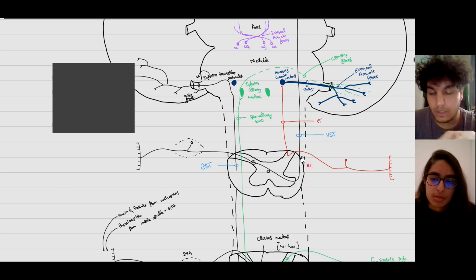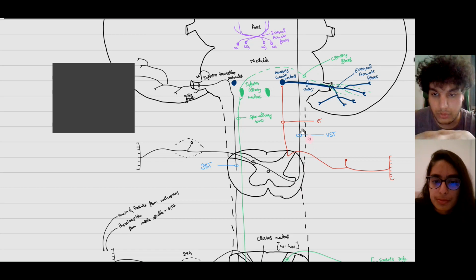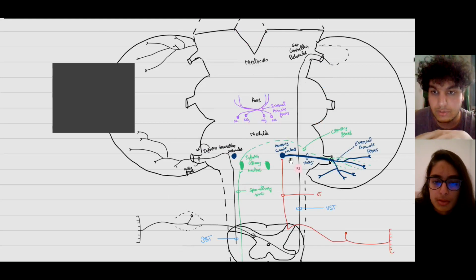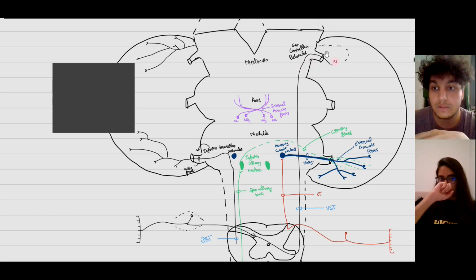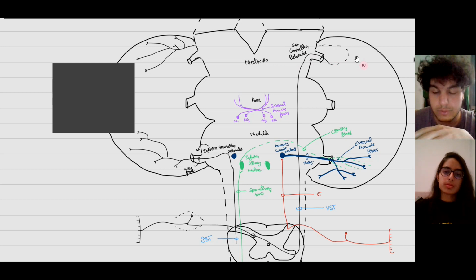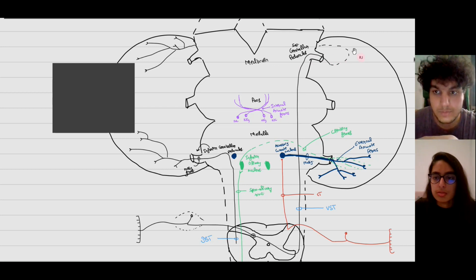So as it goes upwards, after crossing contralaterally, it goes all the way up and enters your cerebellum via the superior cerebellar peduncles. Now, it does an interesting thing after it passes through the superior cerebellar peduncles because the nerves don't really synapse here. The third order neurons don't synapse here.